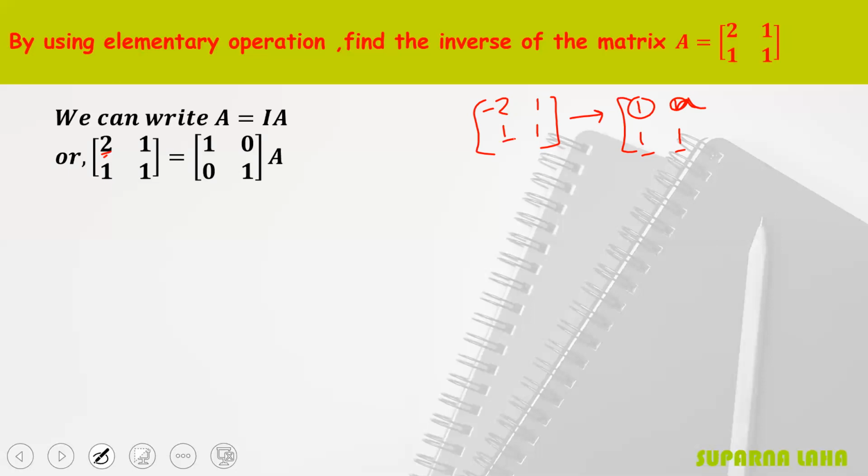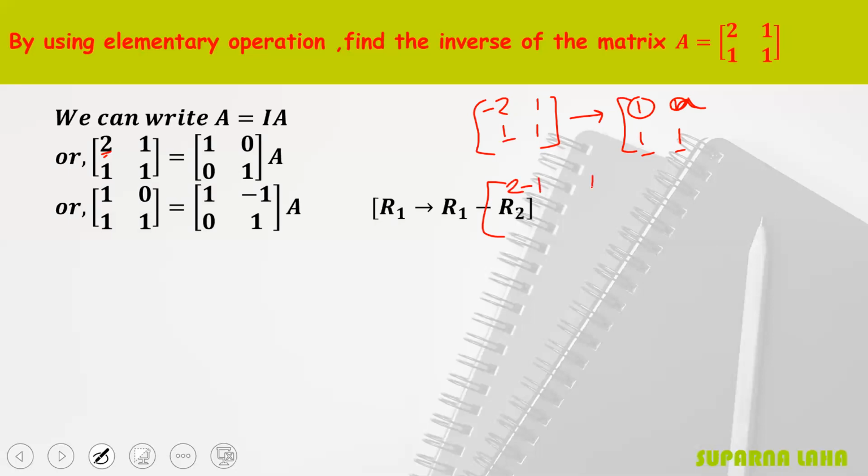So apply this: 2 minus 1, 1 minus 1, and then 1 1. Row 2 will remain unchanged.